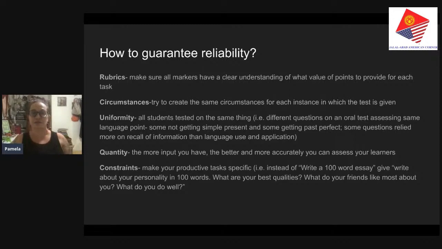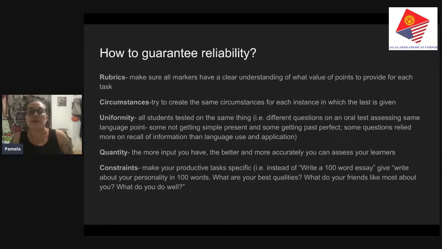So make sure that they're all different kinds of questions, but they're asking the same kinds of things. So if you're going to ask this level about simple past, simple future, and desires and wishes, conditionals, then make sure that all your questions address those kinds of things.